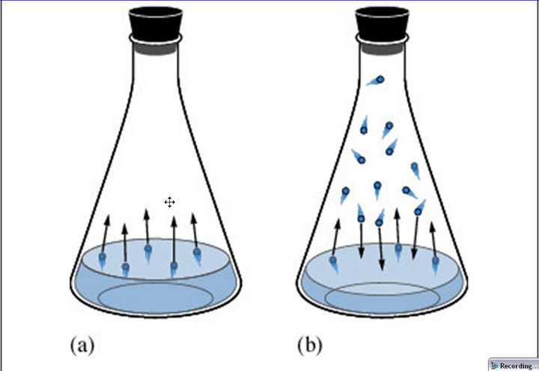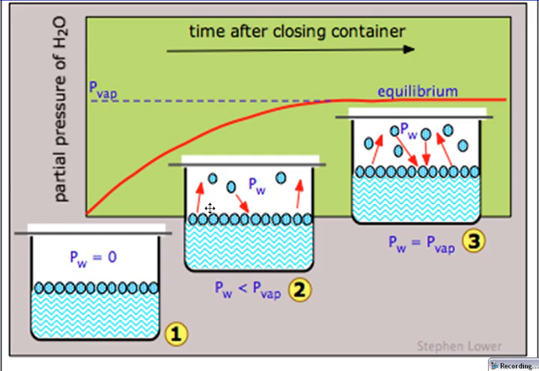These molecules that have escaped the surface of a liquid and have become a gas phase exert a pressure on the surface of the liquid. This pressure is what we call a vapor pressure. When the rate of evaporation equals the rate of condensation, the system is said to be at an equilibrium for its vapor pressure.